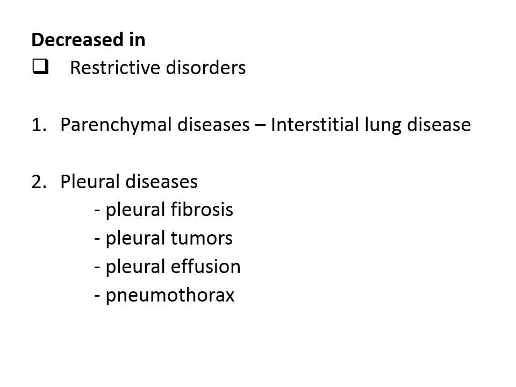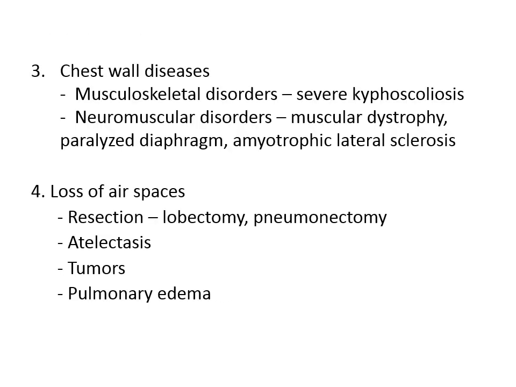What are the causes of decreased lung volume? Restrictive disorders like parenchymal diseases, for example interstitial lung disease like pulmonary fibrosis, and pleural diseases like pleural fibrosis, pleural tumor, pleural effusion, and pneumothorax. And other restrictive diseases are chest wall diseases.